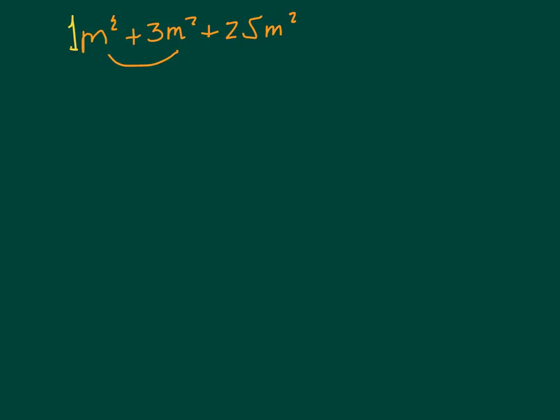Okay. 1m squared plus 3m squared. Well, that, of course, would give me 4m squareds plus 25 more m squareds. 4m squareds plus 25m squareds. That, of course, is 29m squared.